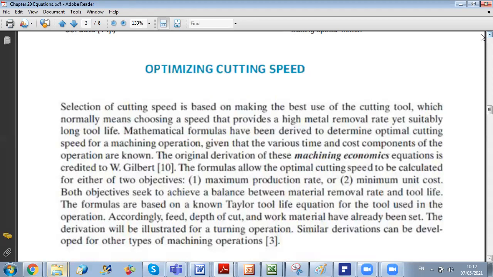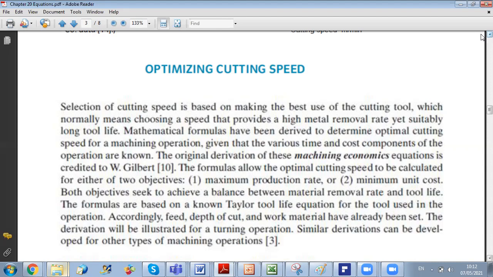So we will see now together how we can optimize the cutting speed for maximum production, and how we can optimize it for minimum cost, and then we can take a certain value of V that is a compromise between the two. If we care for one aspect more than the other, and sometimes we care for the rate of production more than the cost, in this case we will just work on the first criterion.